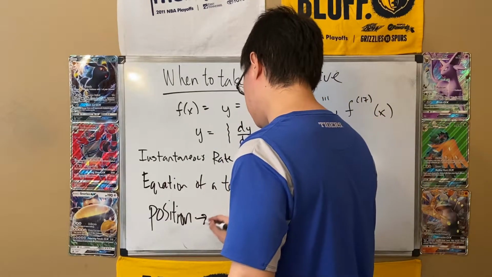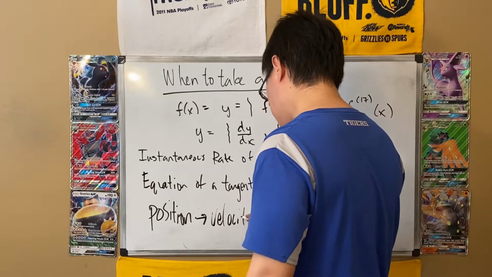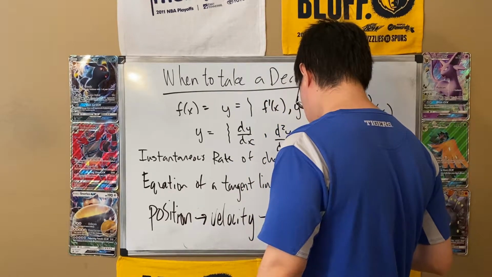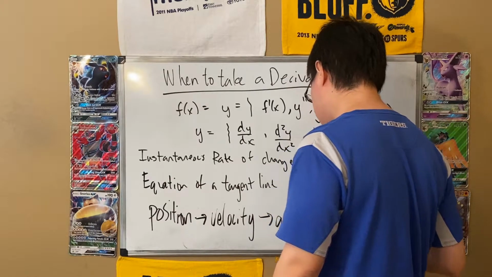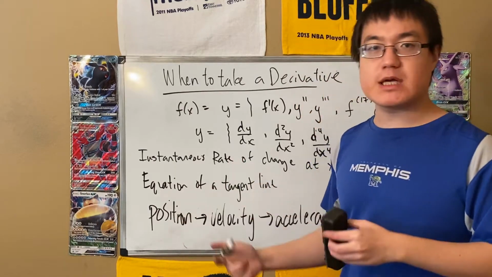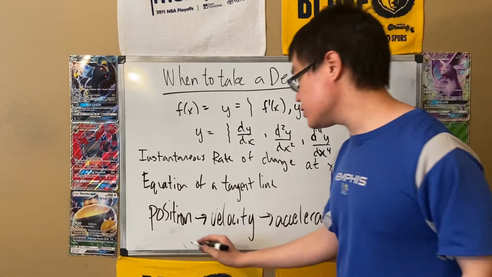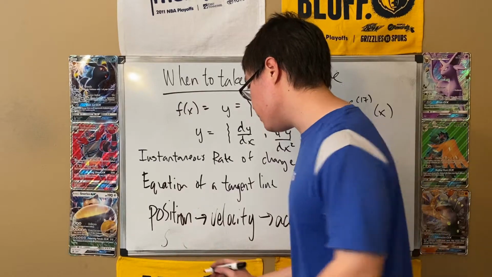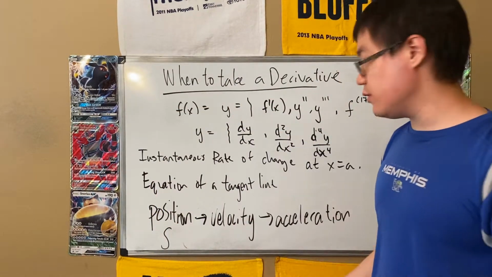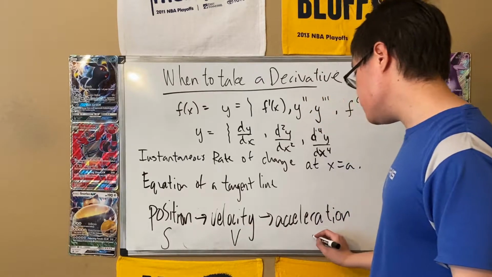So it's going to be position, velocity, and acceleration. When we see these words, we're also going to take a derivative. So for some reason, we use s for position. I don't know exactly why, but a lot of books use s for position, so that's what I'm going to do right here. For velocity, we use v, and for acceleration, we use a.